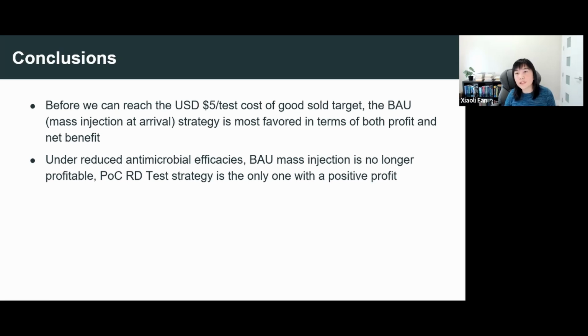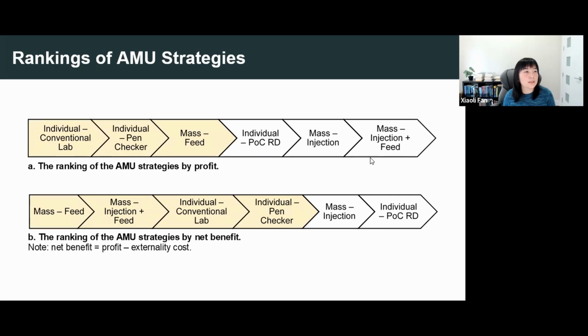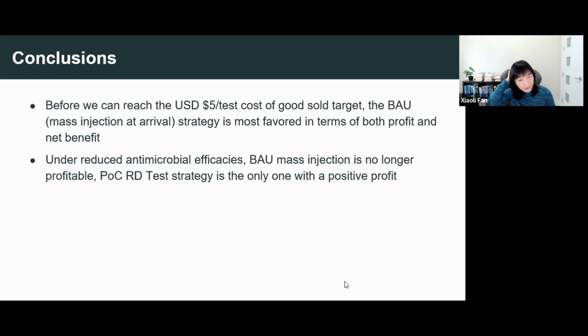However, before we can reach that target, the business as usual, which is mass injection at arrival, we can go back here, that's the one that ranks highest in both profit and net benefit. However, again, if antimicrobial resistance continues to get worse, then this strategy will no longer be profitable, not even mentioning the net benefit.